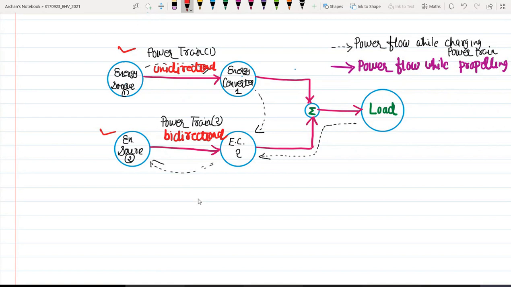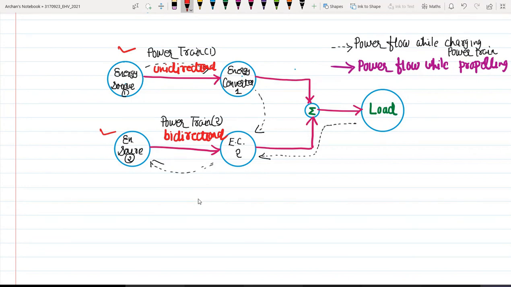Now talking about the fifth pattern, where powertrain 2 will obtain the power from powertrain 1. What does it mean? It means the mode in which the engine charges the batteries while the vehicle is at standstill, coasting, or descending a slight grade, in which no power goes into or comes from the load.